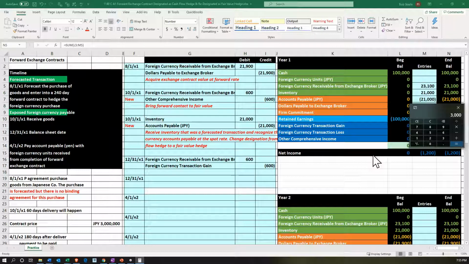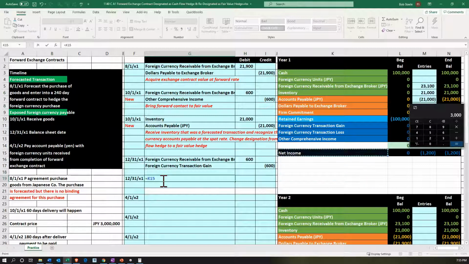So we're now paying in something that's worth more than it was last time we checked on this thing. So that's going to result in a loss. So we're going to say that then we have the loss. I'll put the loss on top. So we'll pick up the loss here. Then the other side is going to be going to the payable, the accounts payable.